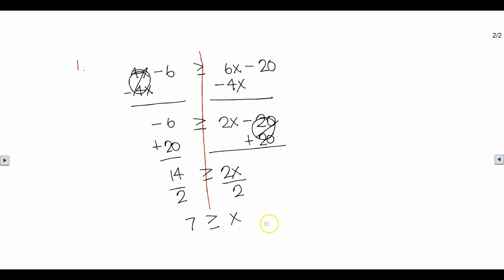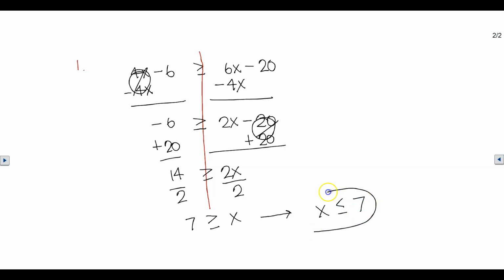Now I want you to remember from our discussion last week that graphing this on a number line, we would want to be careful, because to graph it, you really would prefer to see the x come first. So instead of 7 is greater than or equal to x, you would want to write that as x is less than or equal to 7.